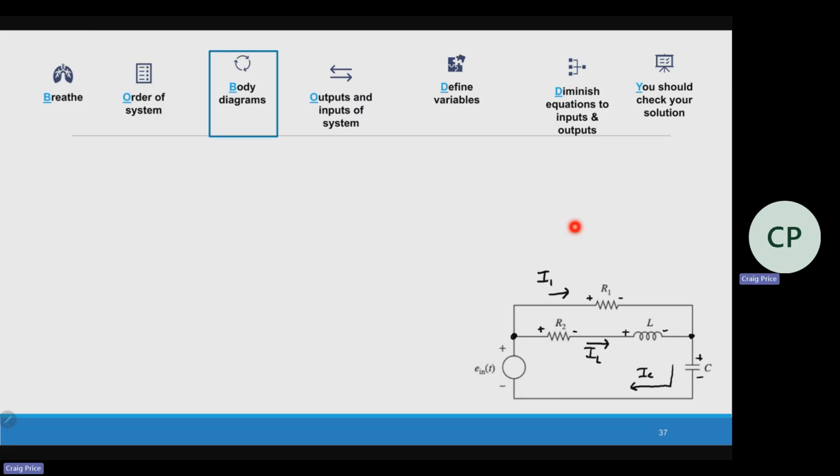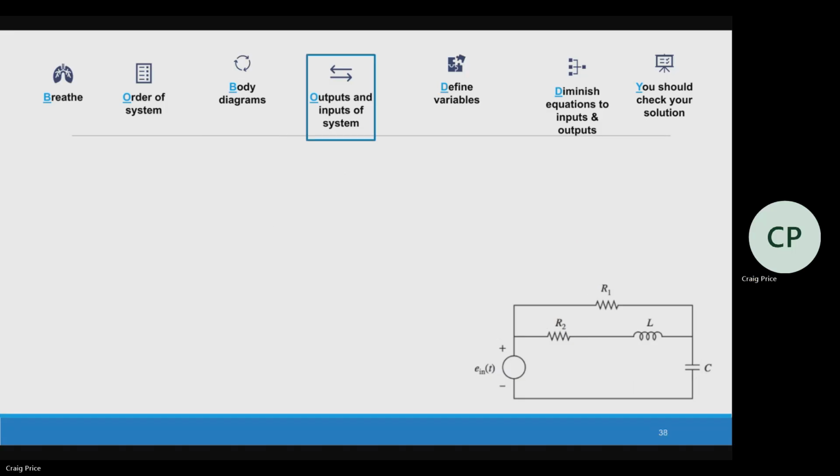Okay, I think this is a good body diagram. I got all the currents and all of the plus minus, which should help me when I set up all my definitions. Any questions up to this point? Okay. Inputs, outputs. My input is the input voltage, which is what gives the system energy.